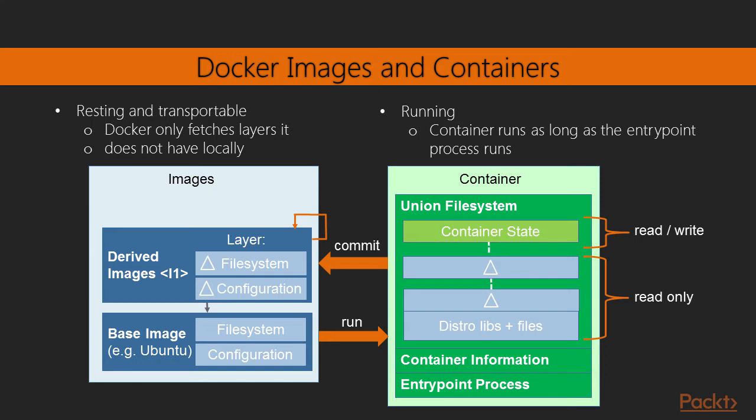And on top of this, you maybe have some container state, which is obviously read-write, that your application leaves once it's running in this container. So this container runs as long as the entry point process runs. So it runs as long as your application runs. If your application dies or stops, the container also stops. What you can do is to commit this container state into a new image.